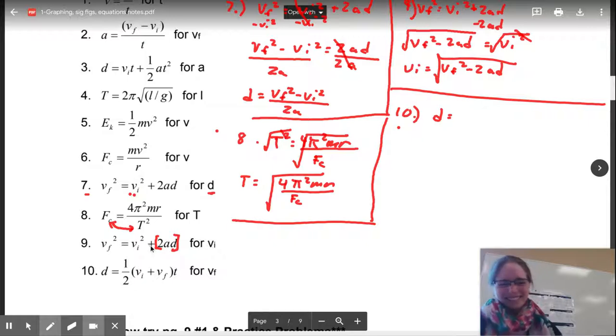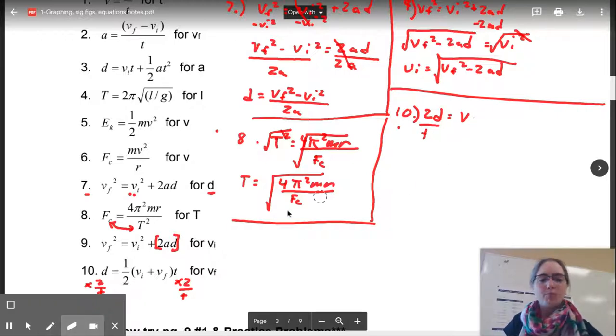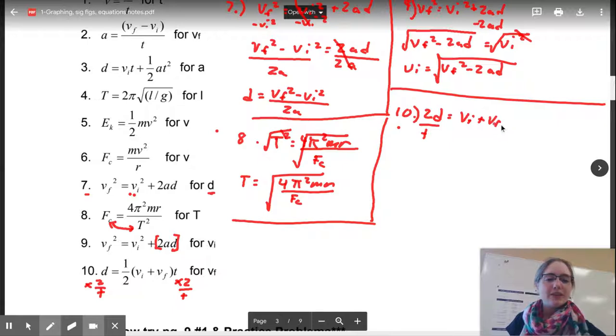Terrible jokes. So, ladies and gentlemen, you're going to take this T and divide by the T, divide by the half. Now, I don't like dividing by halves. I'm going to multiply by 2. Mathematically, it's the same thing. So I'm going to multiply by 2, and I'm going to divide by T, and 2 over T on both sides. So 2D divided by T is going to equal, oopsie, I wrote it in the wrong order. There we go. VI plus VF.